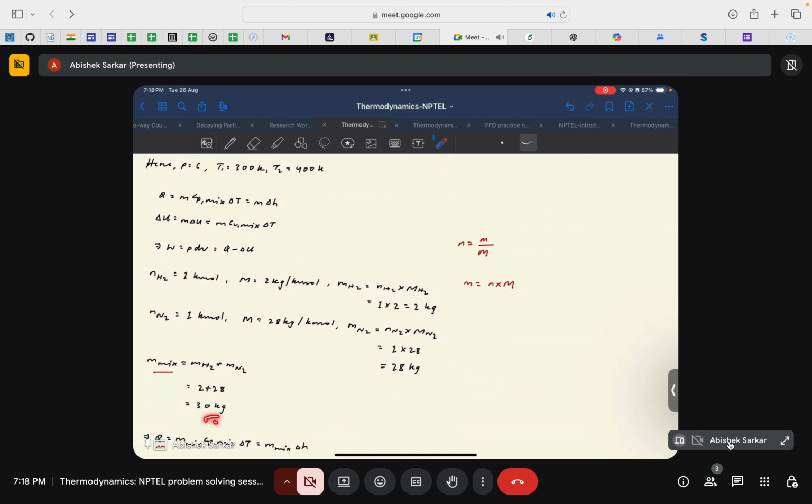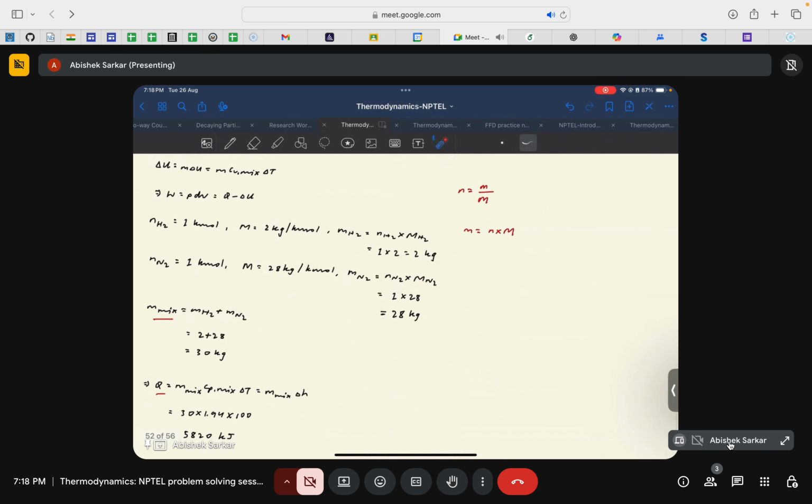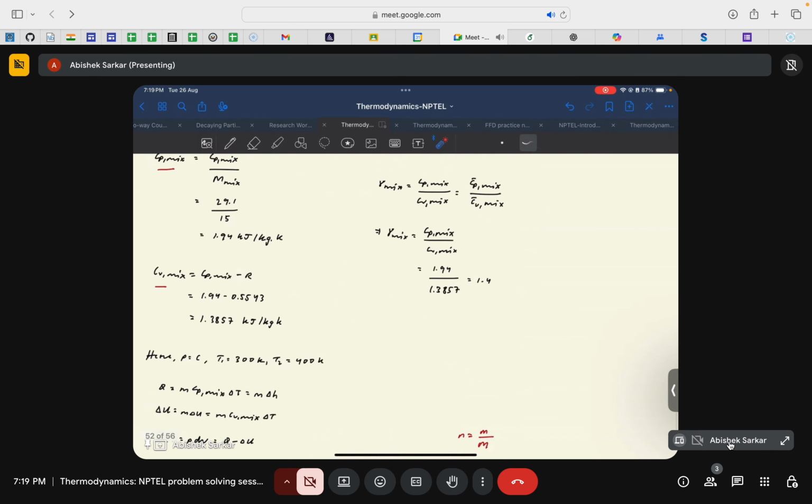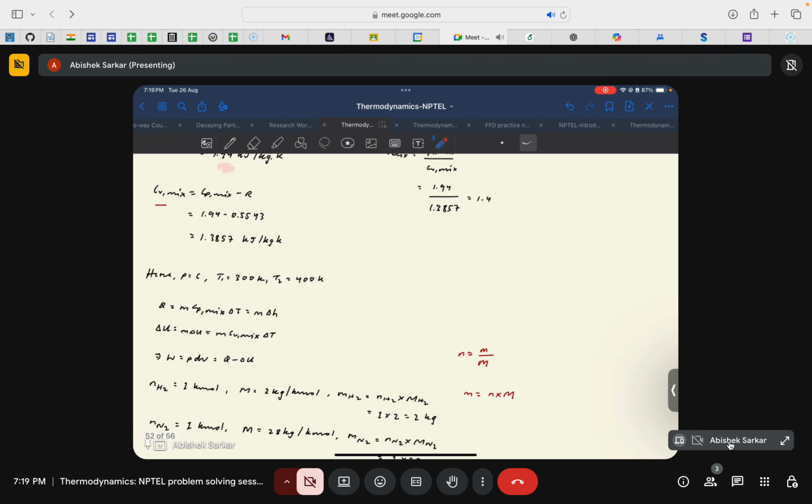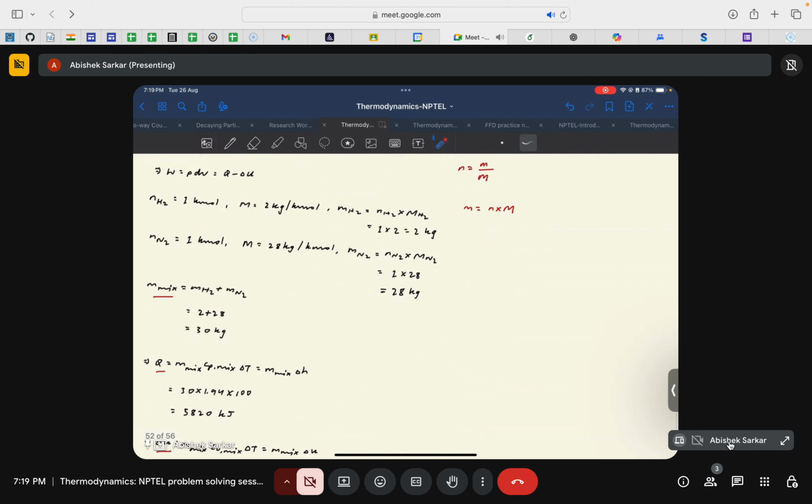So the net heat transfer Q would be m mix times Cp mix times delta T, that is 30 times 1.94, since Cp mix was 1.94, times delta T, that is 100. So we get Q as 5820 kilojoules, positive because temperature is increasing, so heat is input to the system.